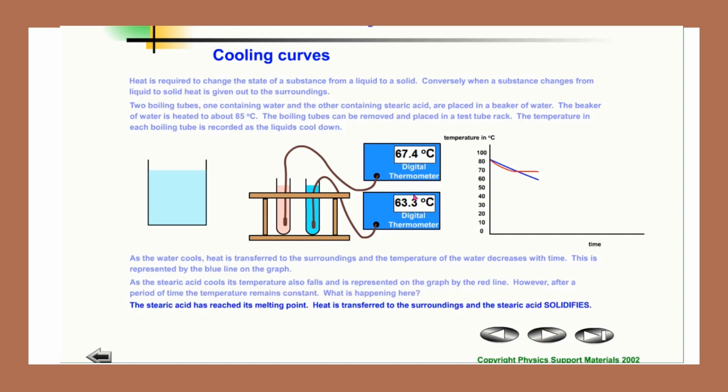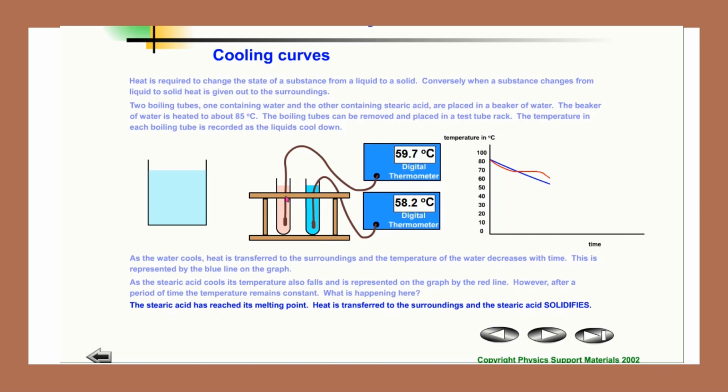Now you see the temperature of the stearic acid is beginning to drop again, and what's not really shown in this video is that if you did this for real, this stearic acid would have gone from a clear liquid to a sort of white, compact snow-like solid in the boiling tube.